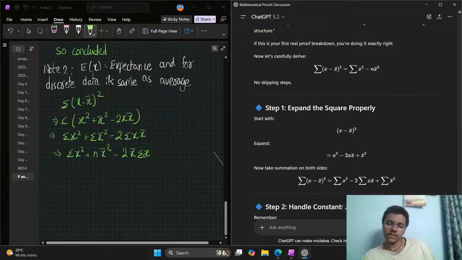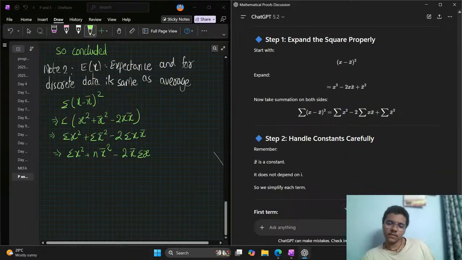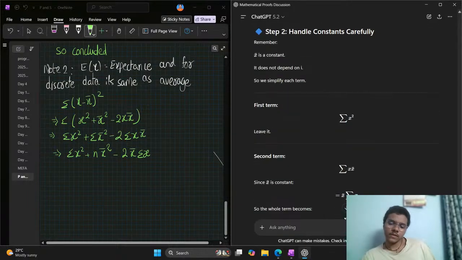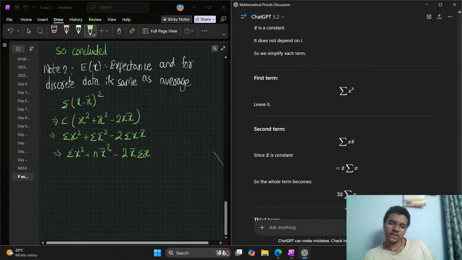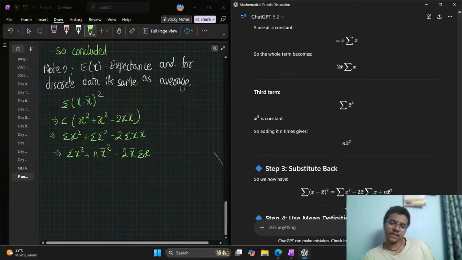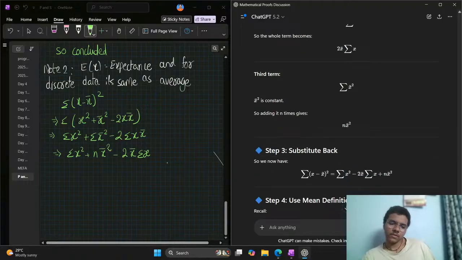Okay, we did that. x bar is a constant. It does not depend on i. Okay, we did that too. Nice. So sigma x square minus 2x bar sigma x.